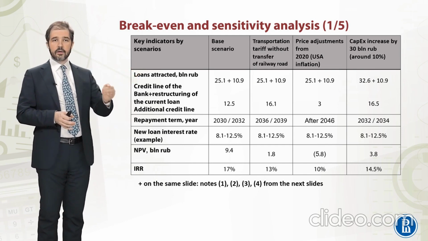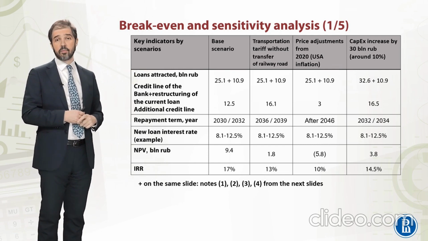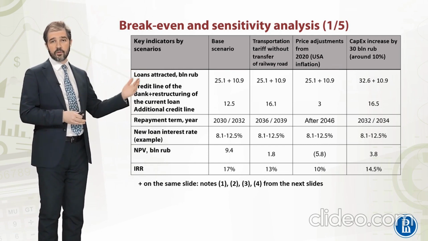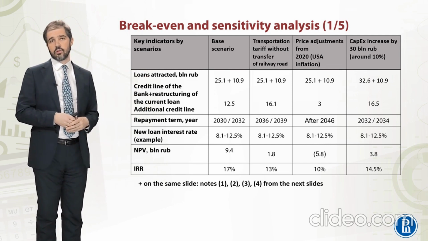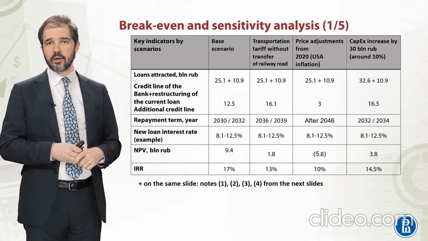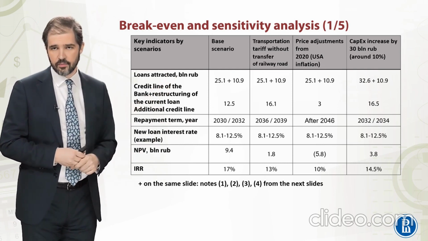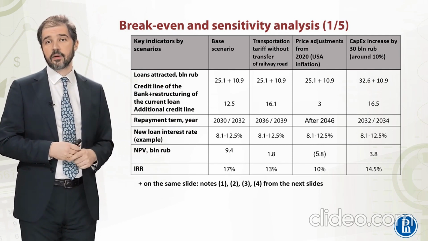So we are making a more conservative assumption about future prices, and this directly leads to much worse results, particularly NPV becomes negative, the IRR becomes very low, etc.